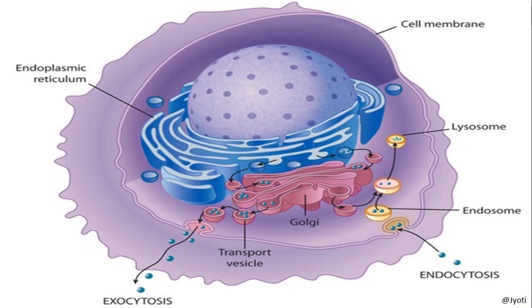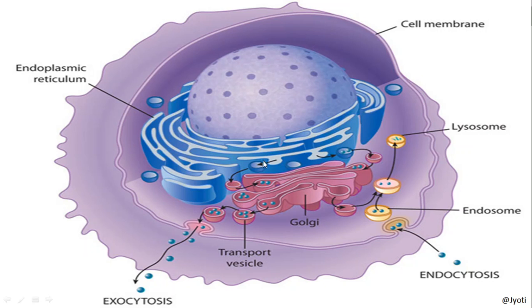Here you can see in this picture the nucleus at the center, then the endoplasmic reticulum, and just near the endoplasmic reticulum, the Golgi complex is present. The blue vesicles are the vesicles of the endoplasmic reticulum.